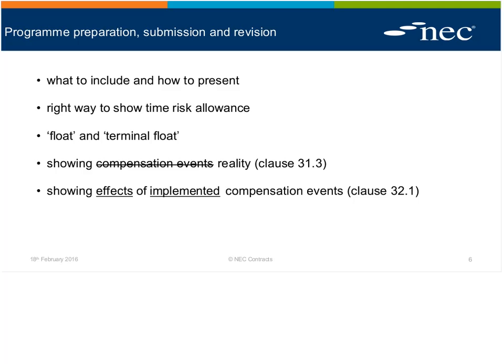And then this one, which I'm not entirely convinced on, it's still going around in my mind, how we show the effects of implemented compensation events. And by inference, therefore, in that clause, perhaps we shouldn't be showing non-implemented compensation events. I'd just like to deal with that, and maybe there'll be some useful questions drawn out around that.